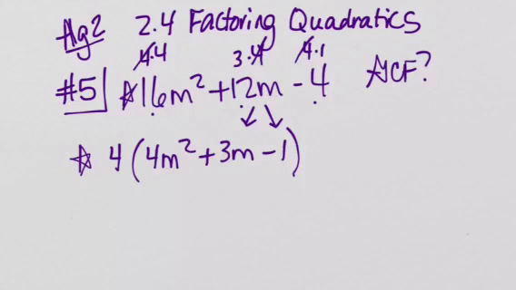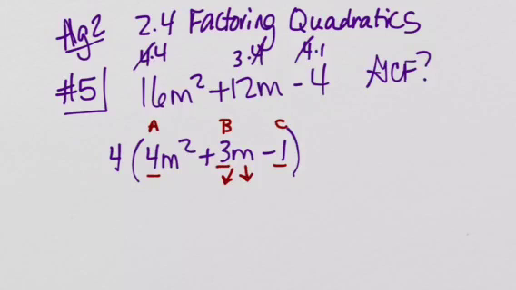Okay, so now what I want to do is come up here and say, what do I have to do to separate this middle term now? Because this is your A, B, and C value. Okay, here's A, B, and C. And this 4 just hangs out on the outside. We'll just keep bringing him down into our final answer. Okay, he'll just be on the outside of whatever our final answer turns out to be.